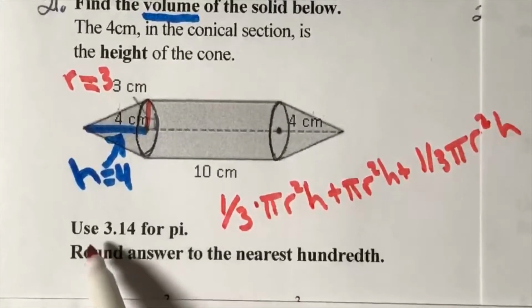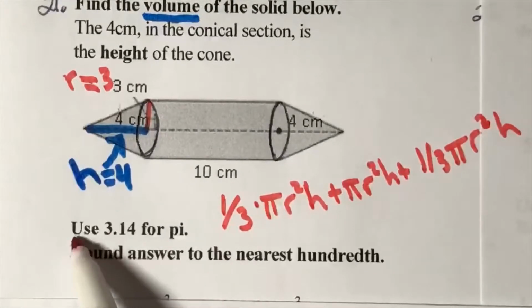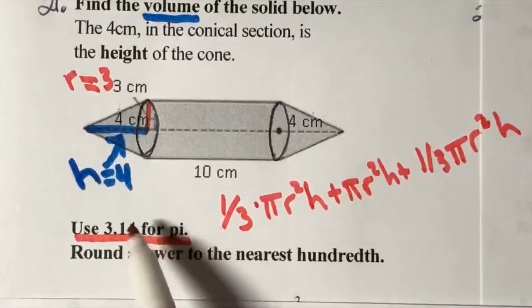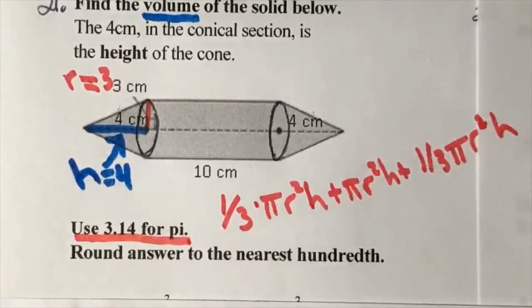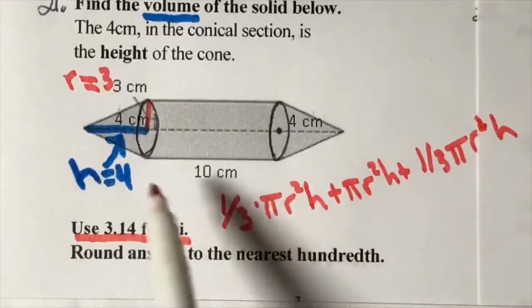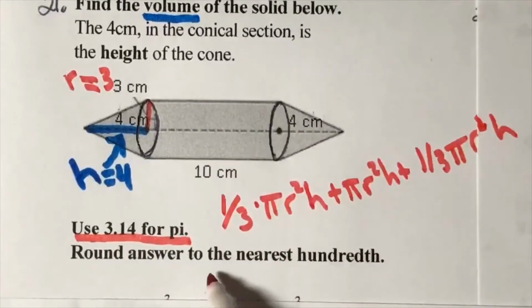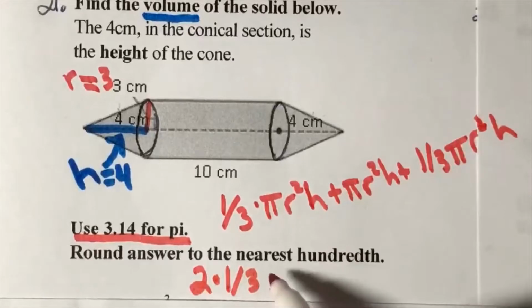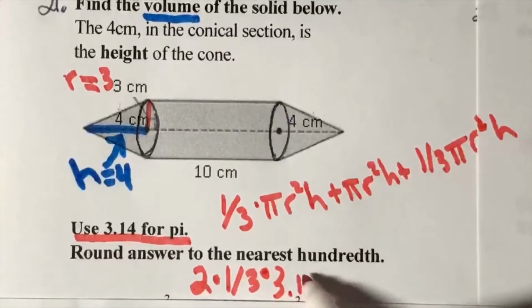When you come back and look at this, there are some additional instructions, and one of them is that we're letting pi be 3.14. You should remember that there are 2 cones, so you could take care of the 2 cones by doing 2 times the 1/3, times 3.14.